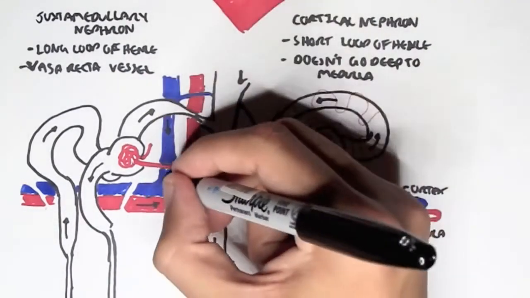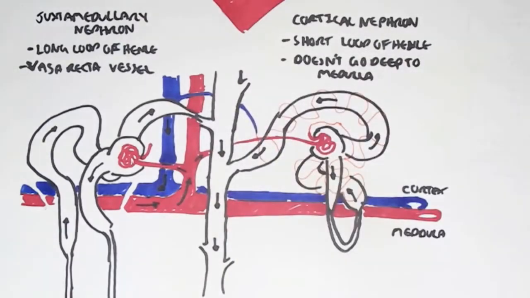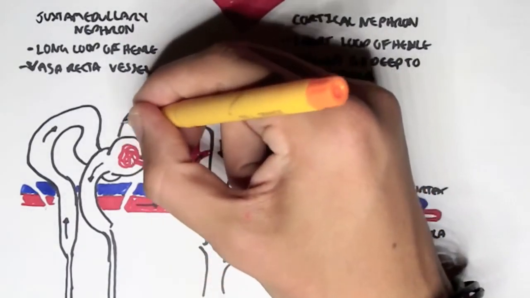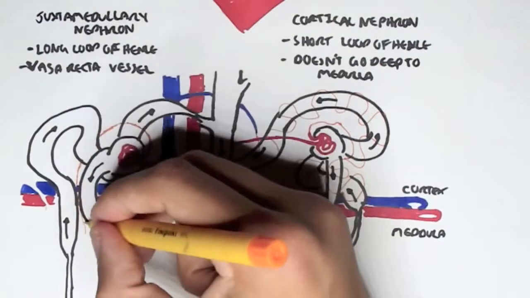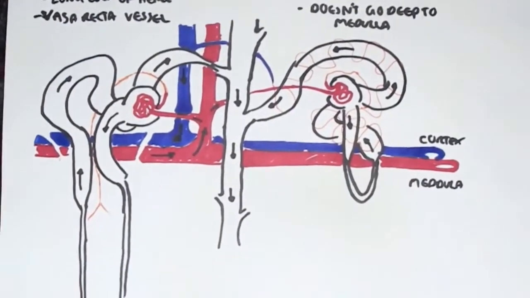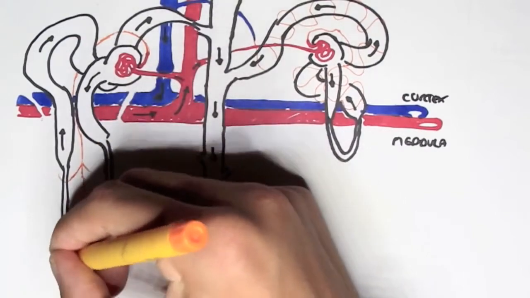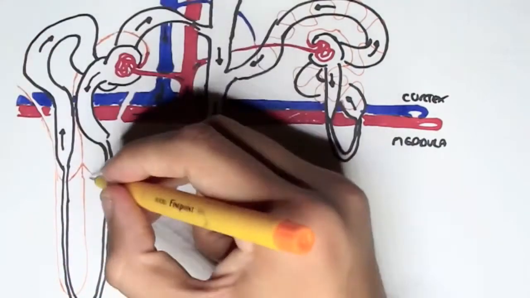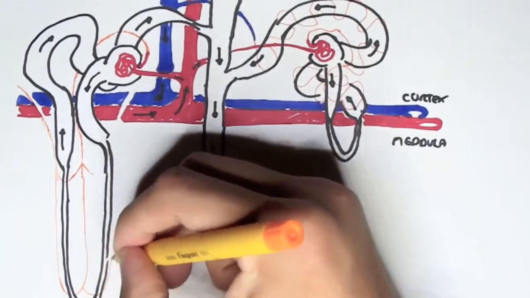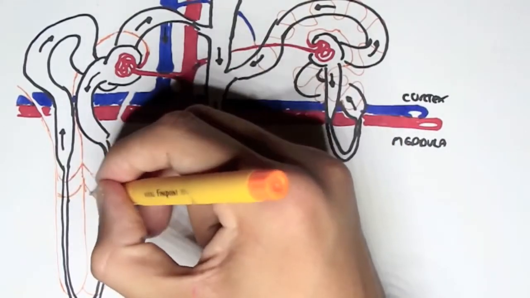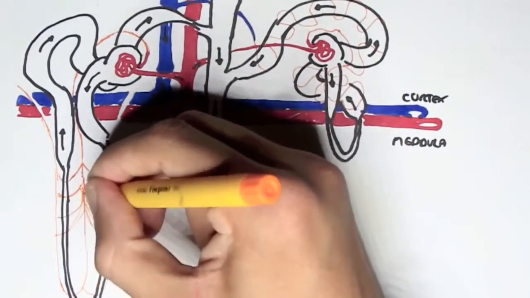Now, the juxtamedullary nephron is different to the cortical nephron in that it has a vasa recta, and the vasa recta is also the capillary-like structure which is formed after the efferent arteriole leaves the renal corpuscle.